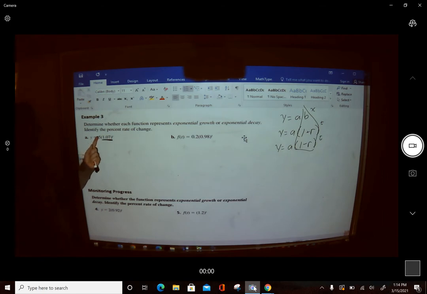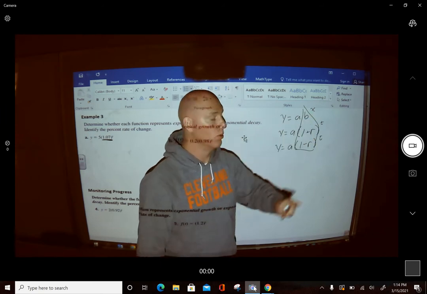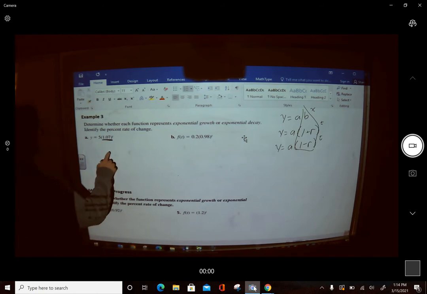I start out with a certain amount. That's irrelevant to whether I'm growing or not. Growth has to do with the multiplier. If the multiplier is bigger than 1, or in other words, you add a rate, you are growth. If you subtract a rate, then you are decay. So I look here, I know I am exponential growth.